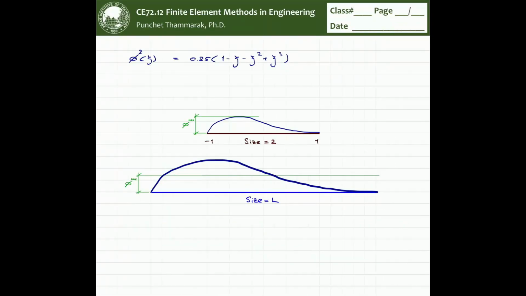My point is that when you construct the shape function in the local coordinate and then you map it onto the physical domain, for the shape function associated with the displacement degree of freedom, it doesn't make any problem.